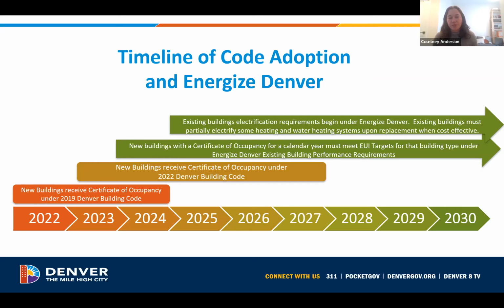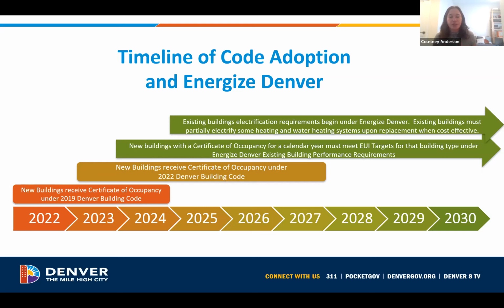So the green arrows above this show how Energized Denver overlaps with the requirements of the code. In 2024, new buildings with certificate of occupancies for that full calendar year will need to meet EUI targets for that building type under the Energized Denver Ordinance for the existing building performance requirements.